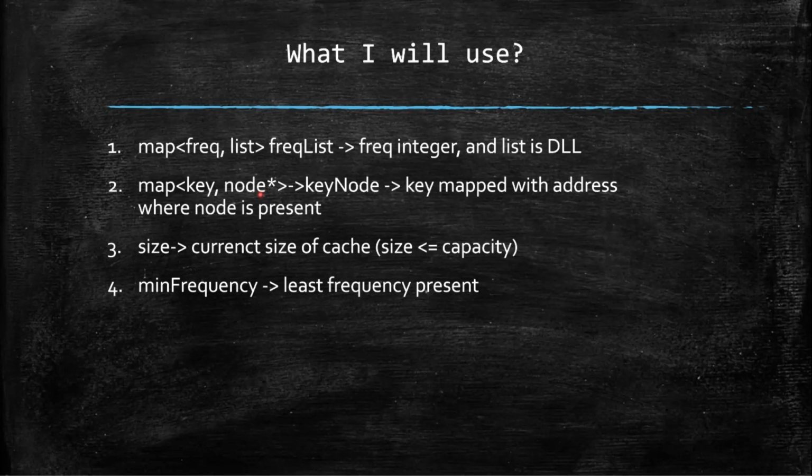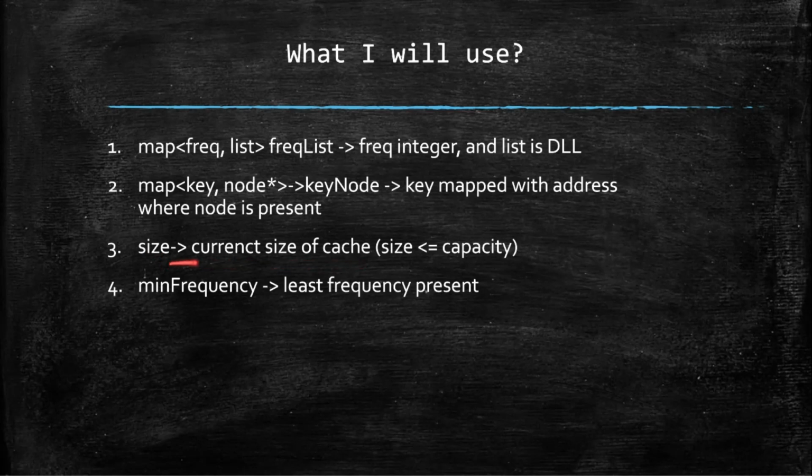If there are updates between two key values, I can easily update the values by accessing the address of the node. So this is the hash map which maps the key to the node's address. And the third member will be an integer, size.